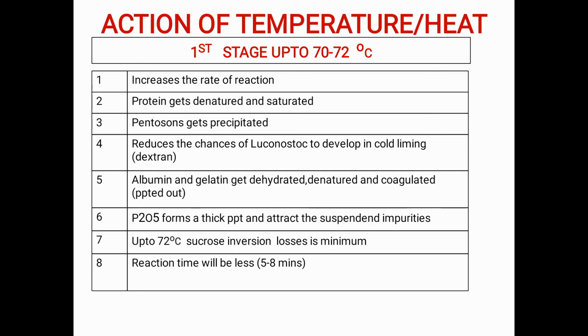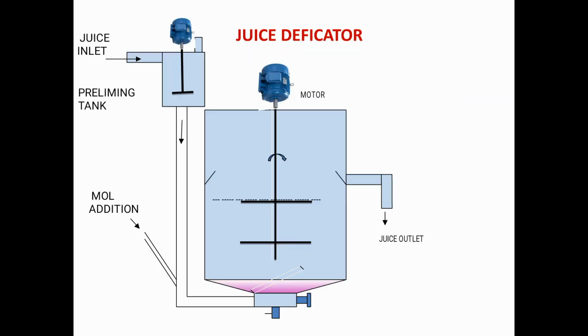Then up to 72 degrees, the most important thing happening is sucrose inversion, the loss of which will be minimum at 72 degrees Celsius, and the reaction time will be lesser. The reaction will be faster, and the retention will be lesser.